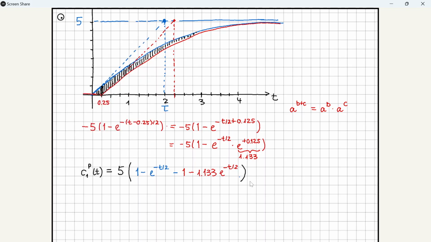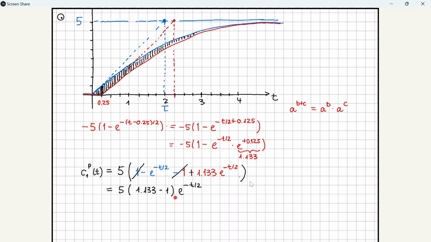And let me do that now in black, because now I can see that this cancels out the two 1s, and what remains is 5 times. And now I can cancel this out, and this should become a plus 1.133 minus 1 times e to the minus t half.